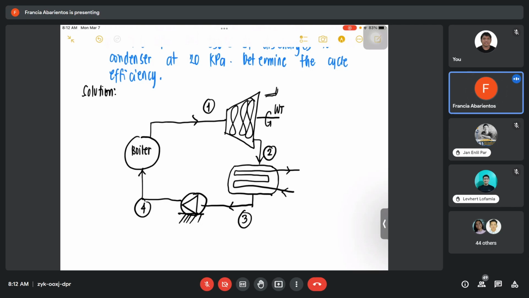This generates electricity. We have also the condenser at point 2 to point 3.